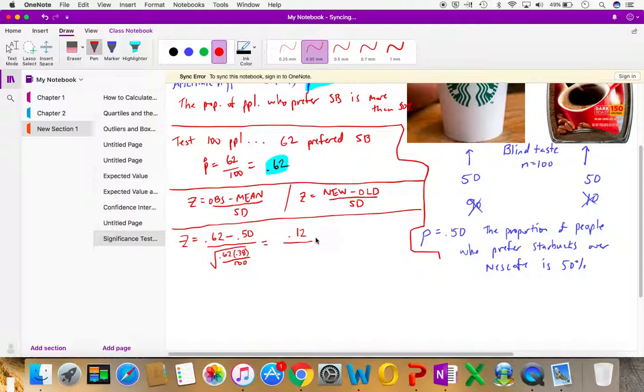If you give me a moment here, we'll calculate that standard deviation. So 0.62 times 0.38 divided by 100, and then take the square root of it. I get 0.0485. I'm going to round that to 0.05 for right now, just to make things a little bit easier. So 0.12 divided by 0.05, I get a z-score of 2.40.